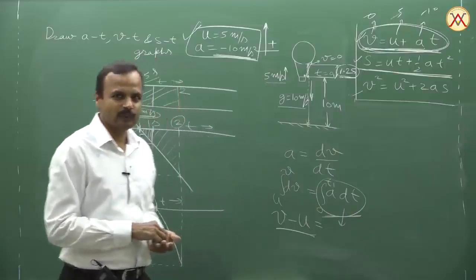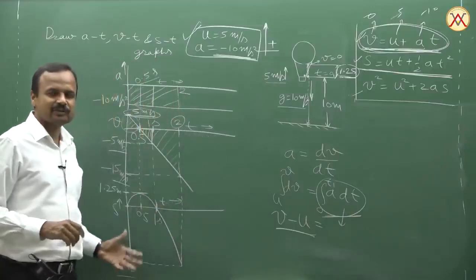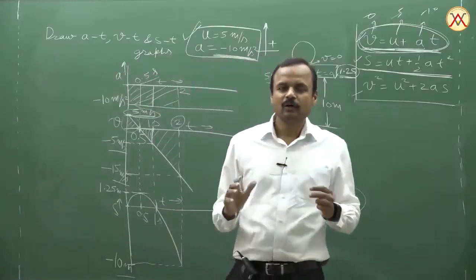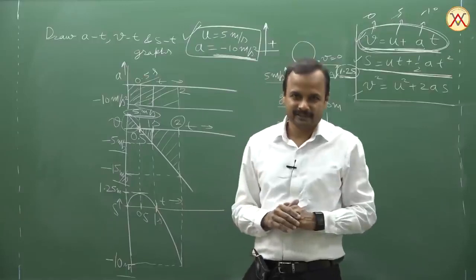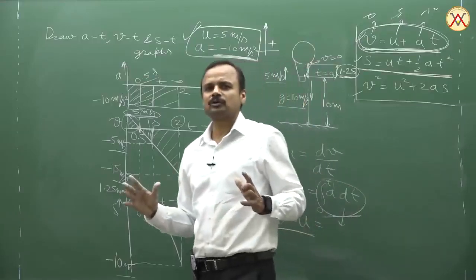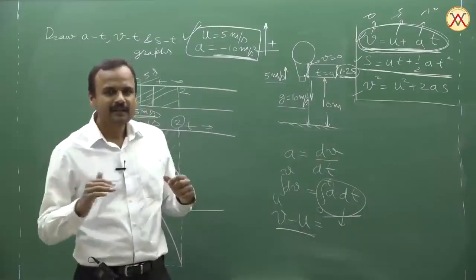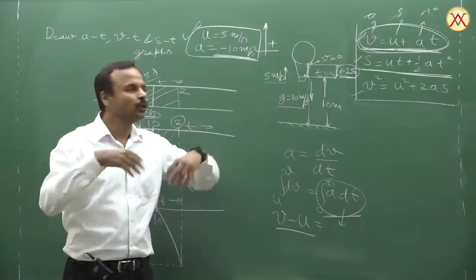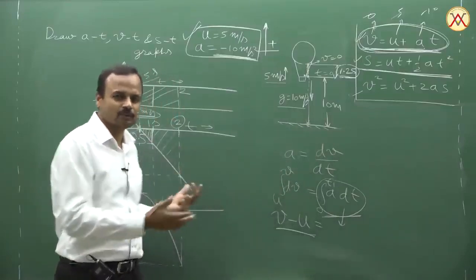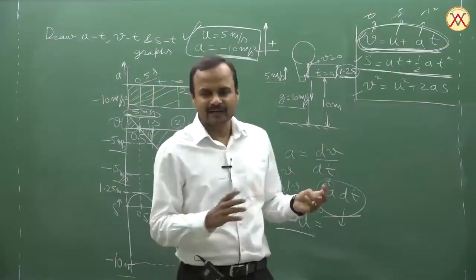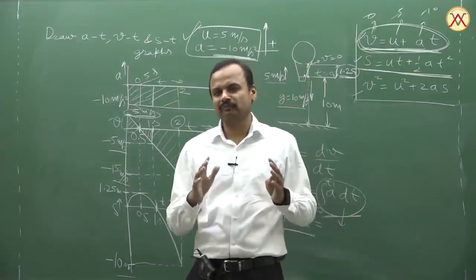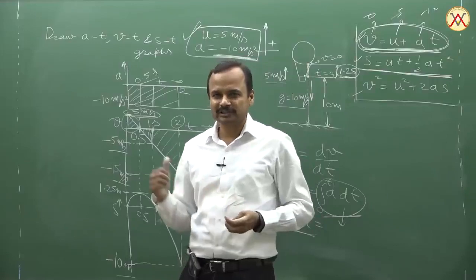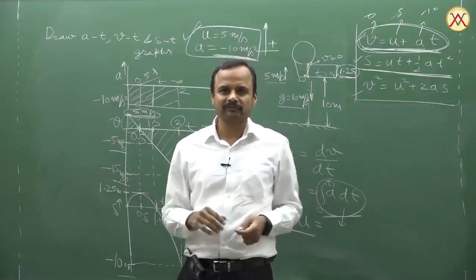Alright, and the third language that is used in physics is the language of graphs. So a skill that you need for mastering physics is to be a good translator, to translate the language of the question and diagram into equations, and to translate equations into graphs, and the other way around. If you can master that skill, it will help you a great deal in solving not just kinematics, but the problems of entire physics.